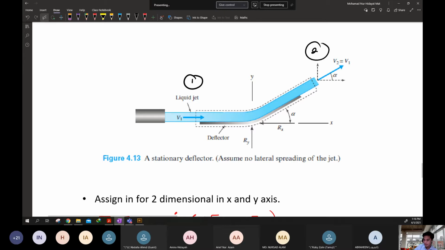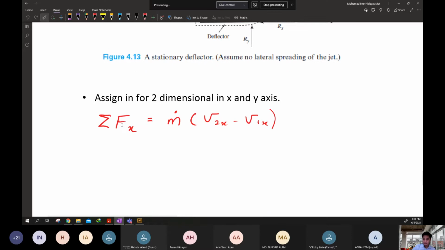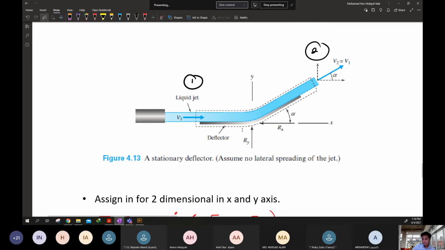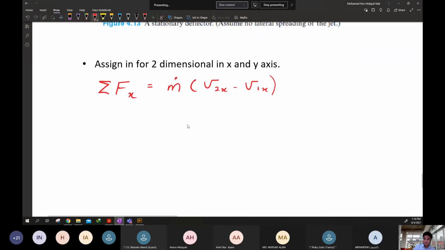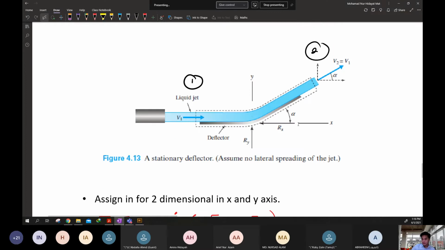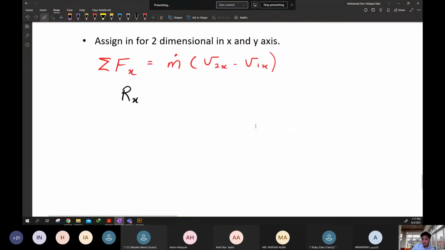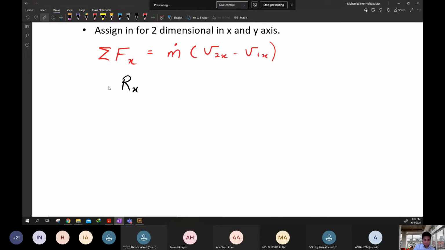So what do you think, negative Rx or positive Rx for the summation of force? It is the reaction force R, and it is pointing to the left. So pointing to the left, it is negative.